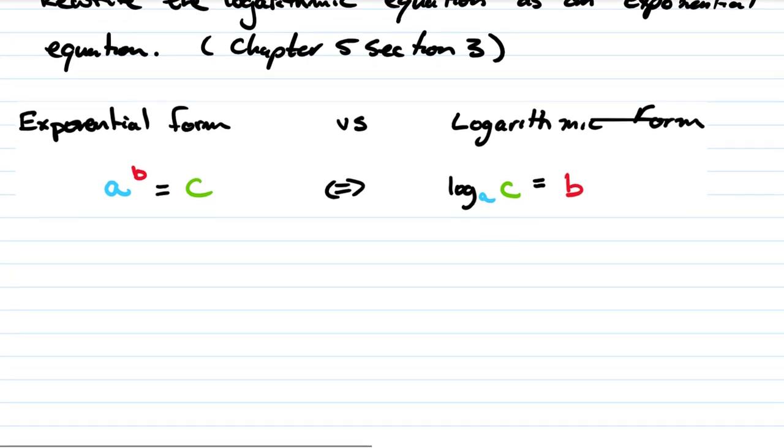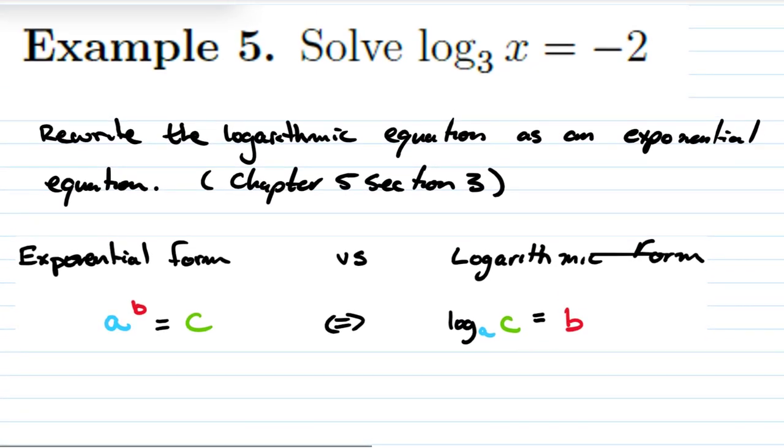All right, so we want to do this. So we have the following. We have 3. There's our x, and there is our b.